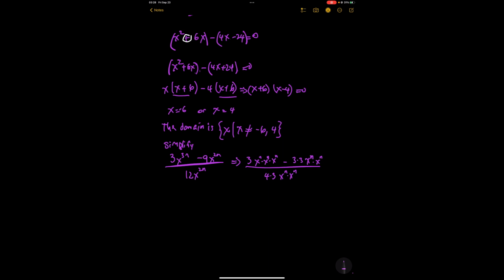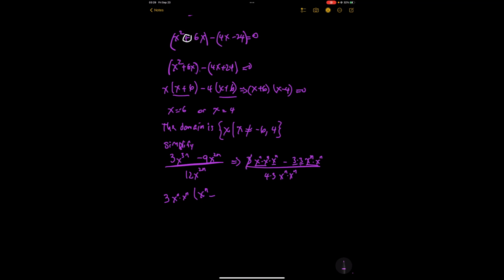Now, because this is a division and we have a subtraction on the top, we need to factor out first. So what do we have in common on the top? We have 3 in common, and we have two xn's on both sides, so we have xn times xn. And what's left? We only have one xn minus a 3 left, right?